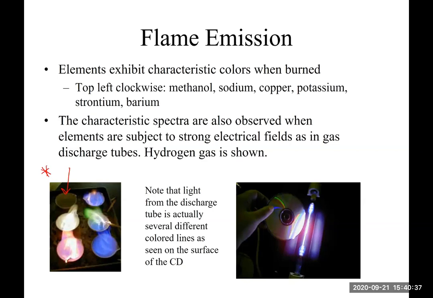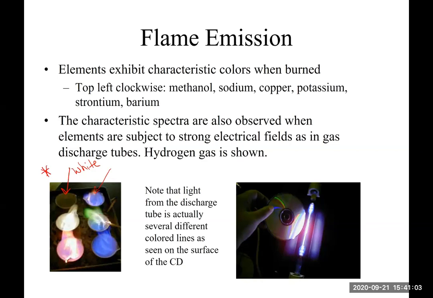Methanol burns very quickly, so this flame has already gone out, but methanol and ethanol both burn white. And then next to that, we have sodium. What you can see in sodium is this yellow-orange cap at the top, this yellow-orange light that's burning in the flame right at the top. That's an indicator of sodium.